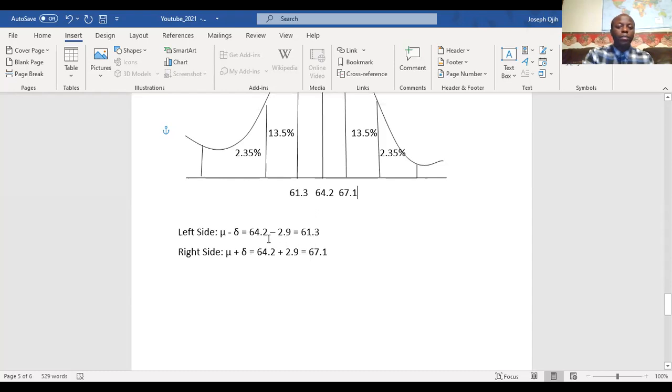So now I'm gonna copy it. We have done the 1 standard deviation.